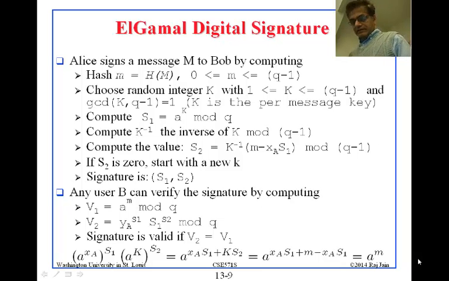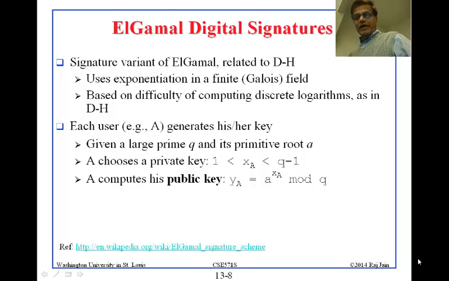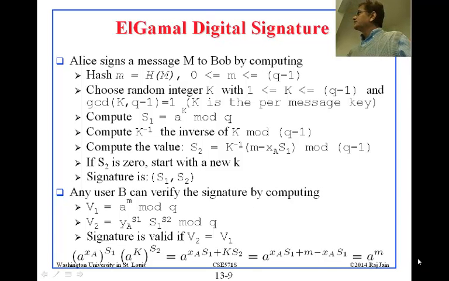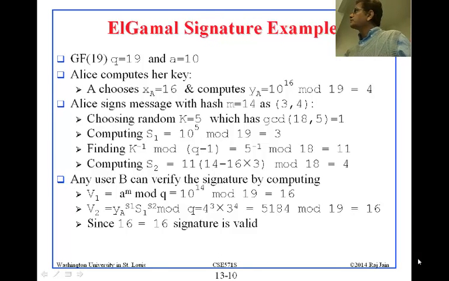XA and YA, hold on. YA is a raised to something and XA is a number, and you use XA here. So here we are using XA, and XA is 16. That gives you 4. So that's how it results as 3, 4.